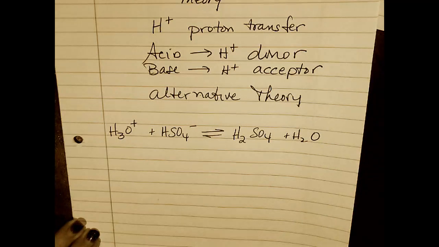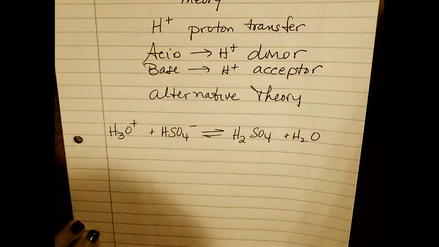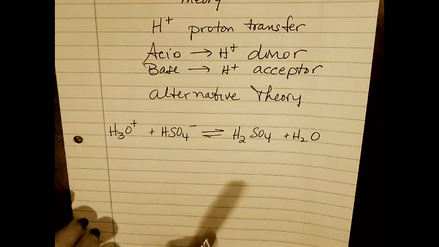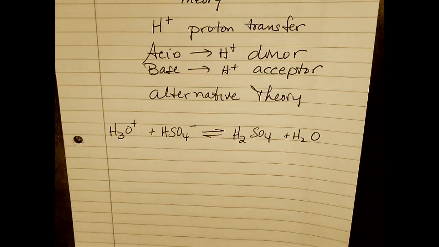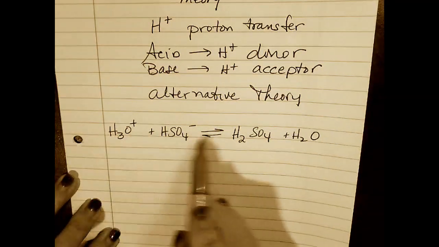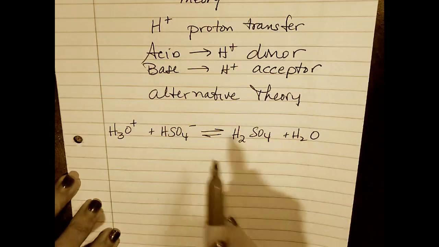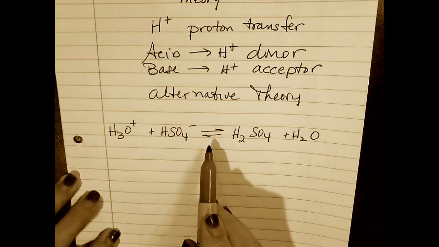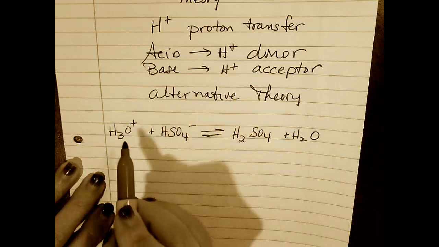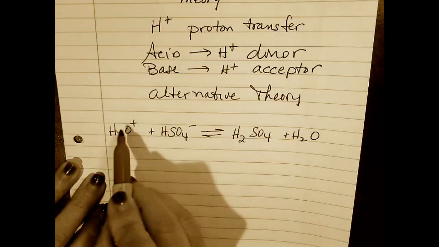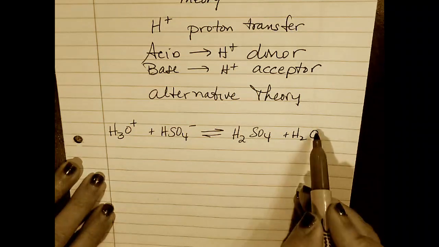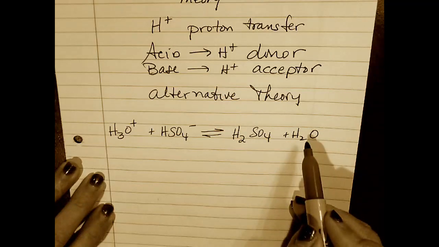So if we look at a chemical equation like that, basically step one is to link the similar pairs across the arrow. So it's very easy to do. Do you see how H3O and H2O are similar pairs?